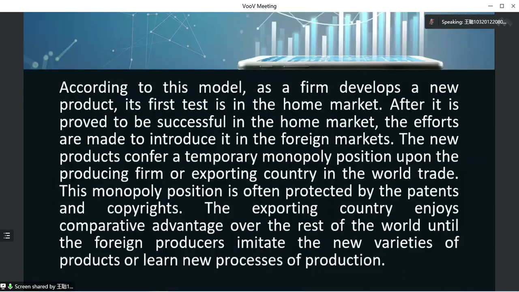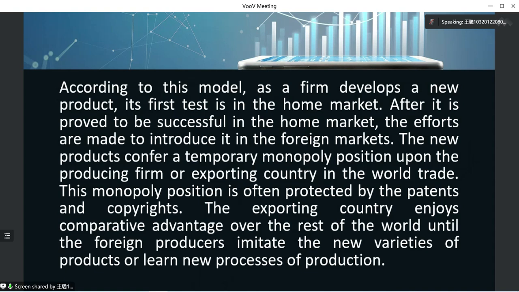According to this model, as a firm develops a new product, it is first tested in the home market. After it proves successful in the home market, efforts are made to introduce it in foreign markets.